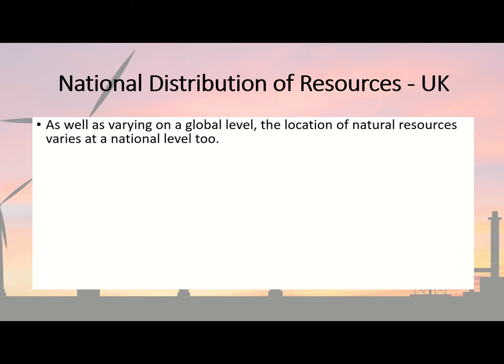So resources are spread for various historic reasons, and we're going back millions of years for the volcanic activity to be the case. But Norfolk is not a place where volcanic activity is something we're that bothered about, or that has happened. So we're not going to be finding gold anytime soon unless we're looking in the lost property box of the London Underground. So the spread is uneven as before.